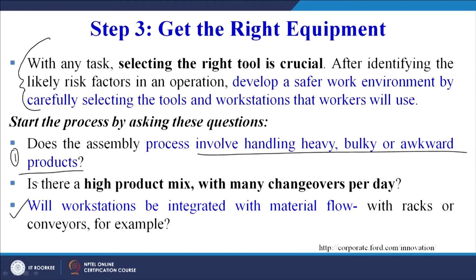So we must take into account whether the worker's workstation is integrated with a material management or material handling system also. That will dictate what type of equipment must be selected. These factors will help us select the equipment which will make the work environment safe for the worker.